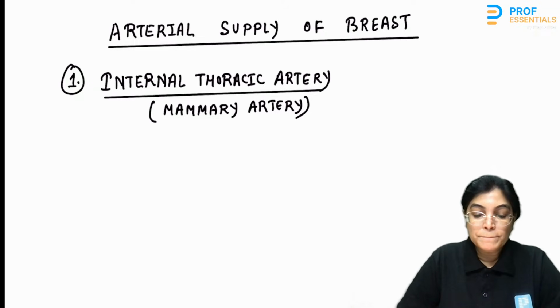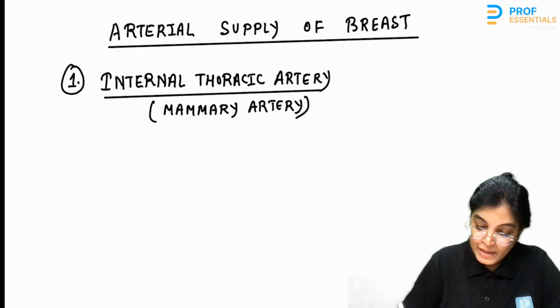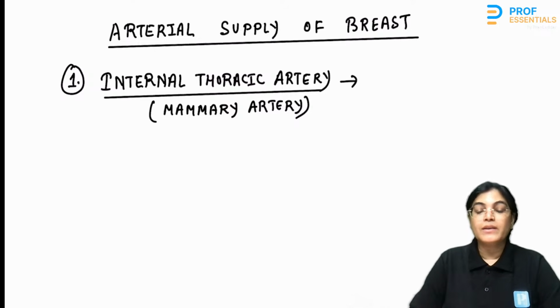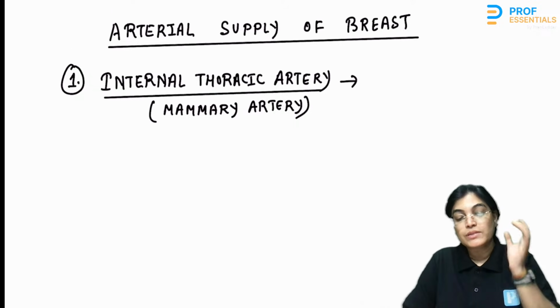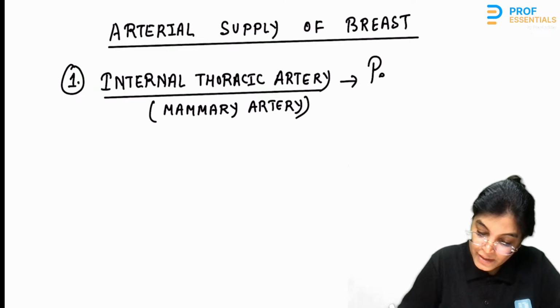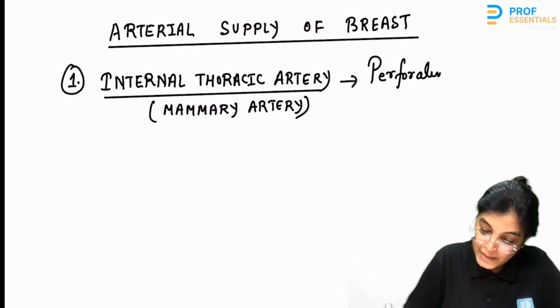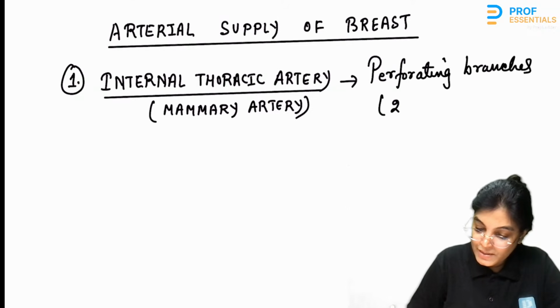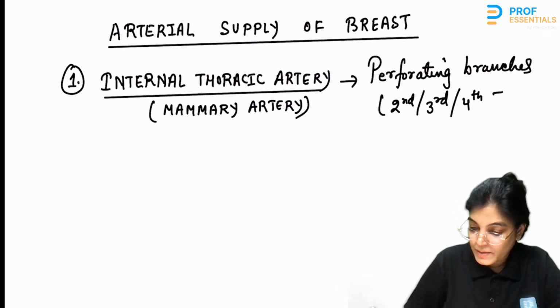So they supply through perforating branches, which are actually traversing through second, third, and fourth intercostal spaces. So they will give arterial supply via perforating branches, mainly in which intercostal space? Second, third, and fourth intercostal space. ICS. What is it? Intercostal space.